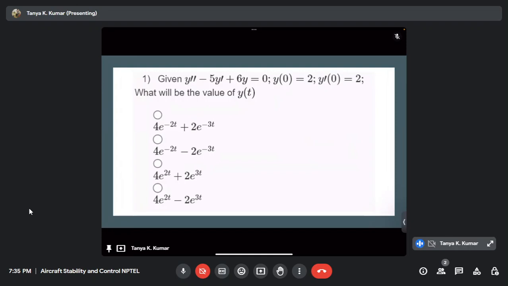It's a simple ODE, okay? You can just solve it and then find the constants of integration using the initial conditions.